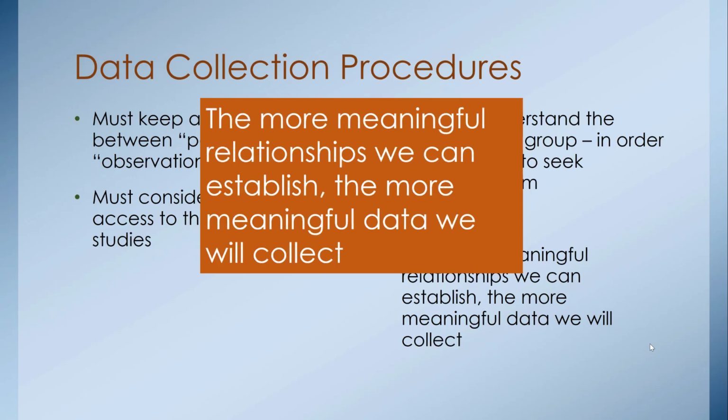And in establishing those relationships, the more meaningful the relationship we can establish, the more meaningful data we will collect. Again, you're really becoming a part of the research when you do this, and there will be bias in here, but you learn to recognize the bias and you learn to separate yourself out for that observer role, so that you can say, okay, this is my bias, this is my experience, this is what happened, this is what I see from this other perspective, and this is what I hear from the other perspective.